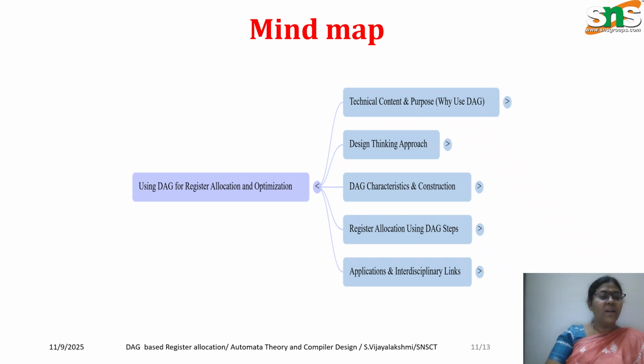To summarize, tags represent the computation efficiently, and register allocation is guided by node reuse. The compiler minimizes the redundant work and saves the resources.